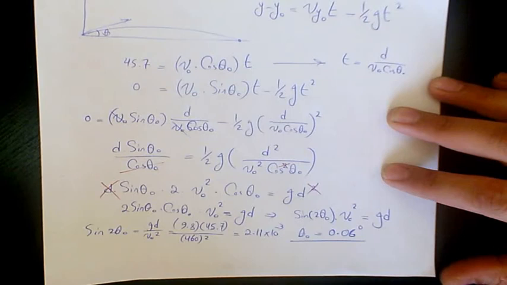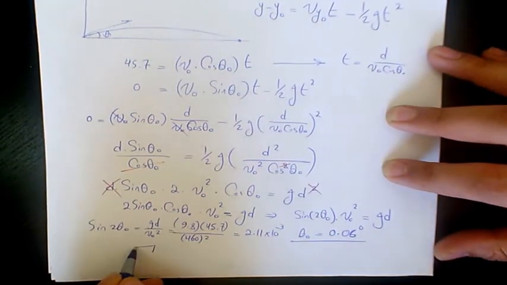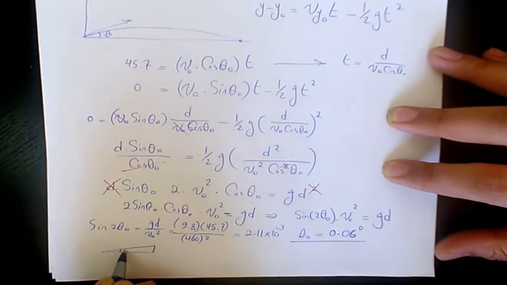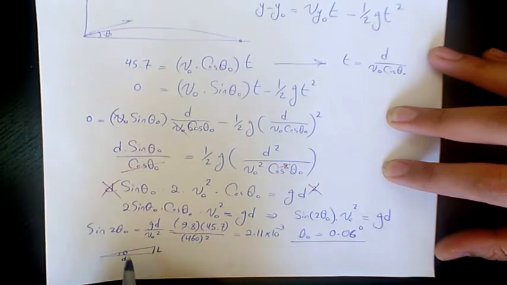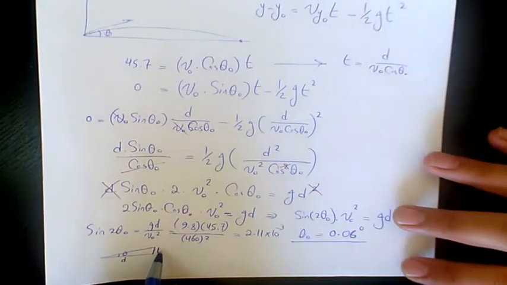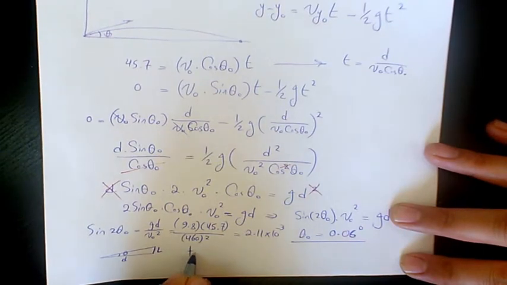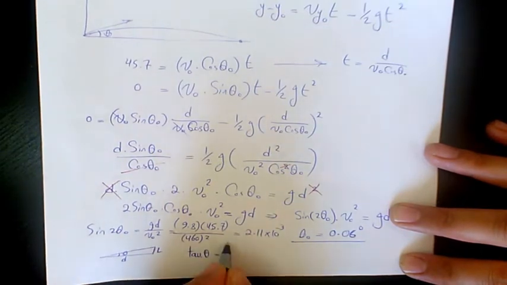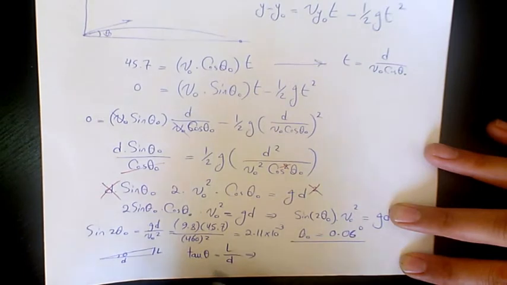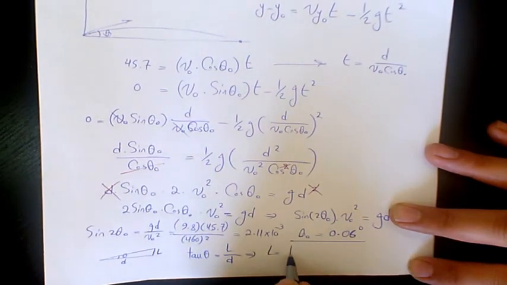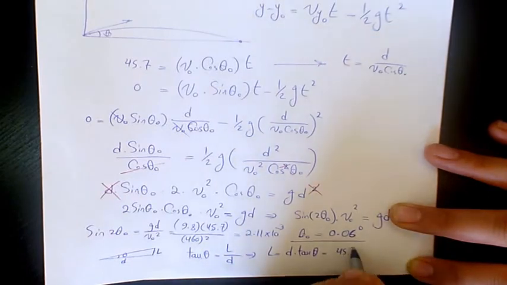So the rifle has to basically aim something like this. Theta, this is D, and L. We need to find out L above the center of the target. So we can say tan is opposite divided by adjacent. So L will be D times tan theta. D is 45.7.